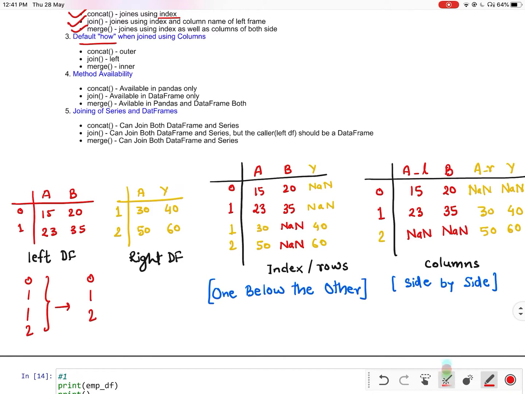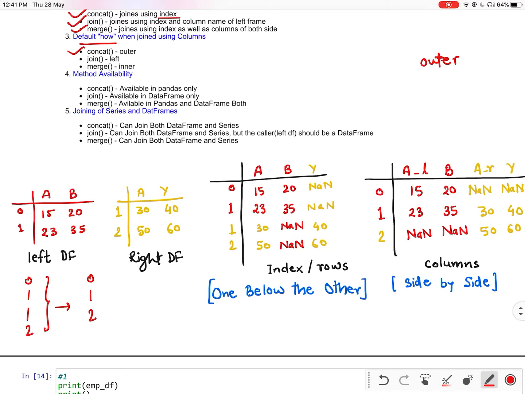That means all the indexes are coming in my output, so all the data is coming from both the sides. This is left data frame data, this is right data frame data. When all the data from both the sides come, then this is called outer.